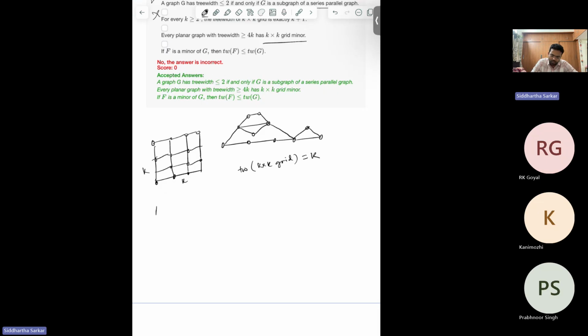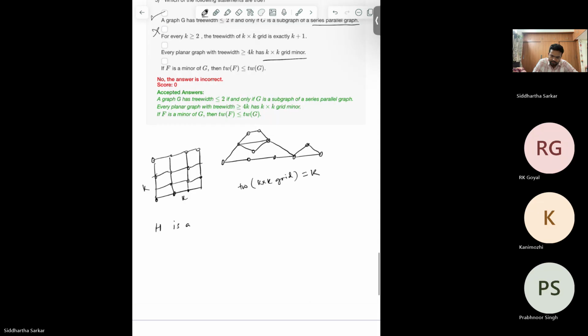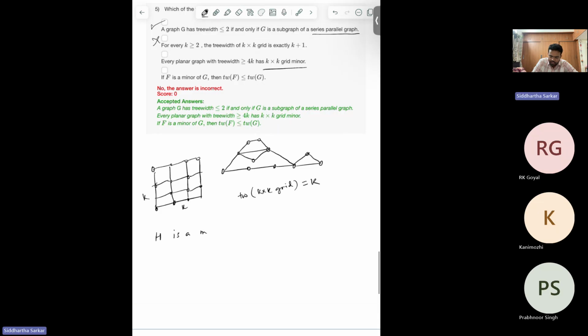So H will be called a minor of G if H can be obtained from G via a series of operations.